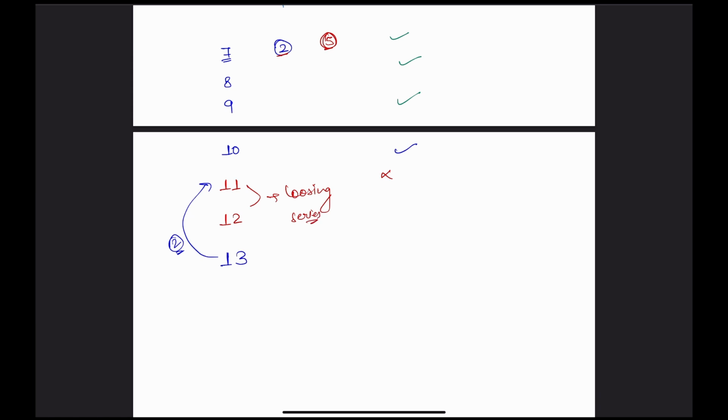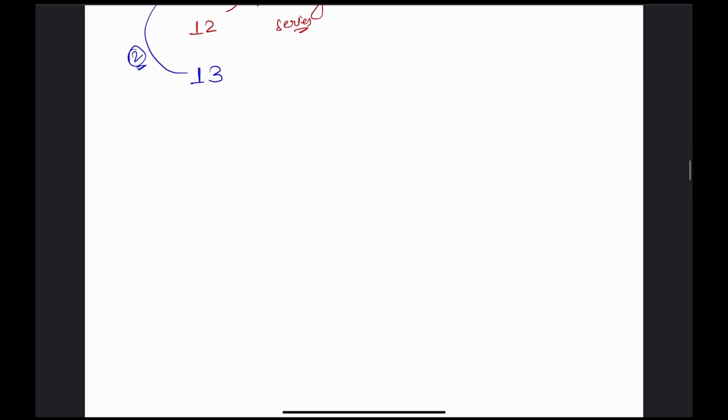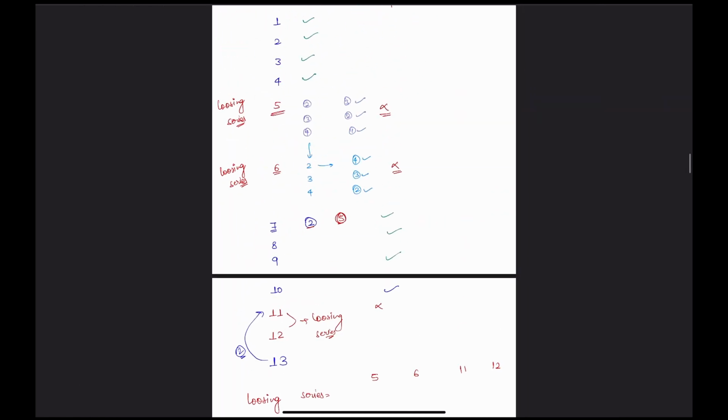So if you notice nicely, our losing series, let's just write the first losing series. How does it look? Losing series is nothing but 5, 6, 11, 12. See, 5, 6, 11 and 12.